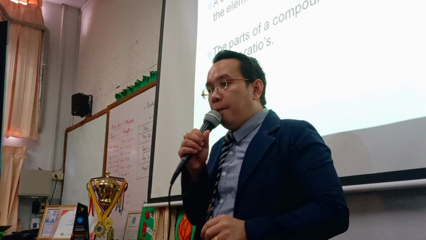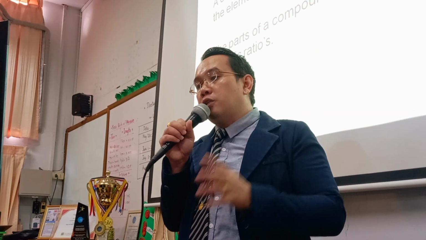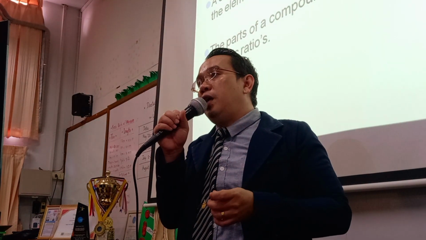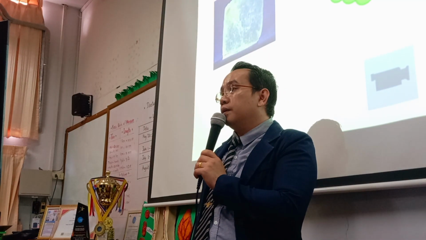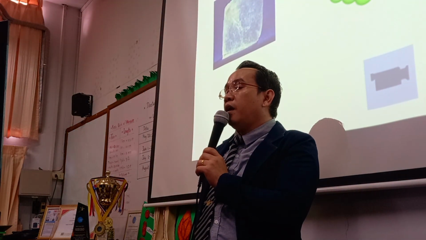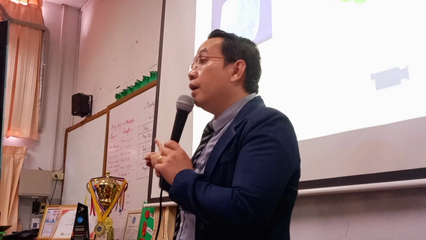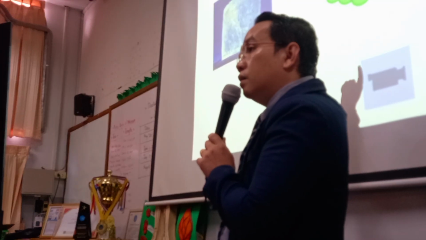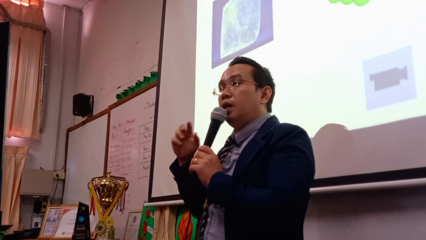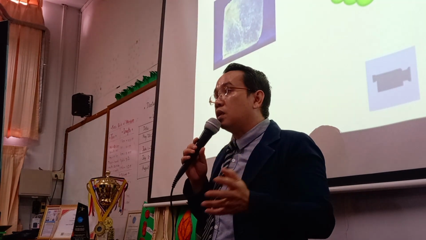So a compound has properties different from the elements that make it up. The parts of compounds are present in specific ratios. For example, what is NaCl, guys? NaCl is a compound. It is the formula for salt. It is a salt: rock salt, iodized salt, refined salt, sea salt.